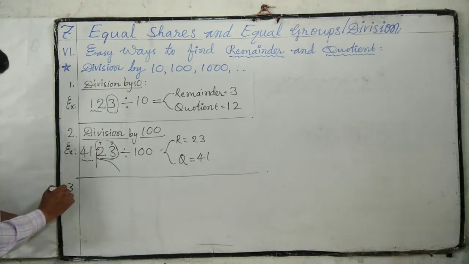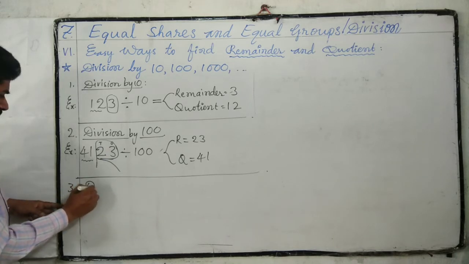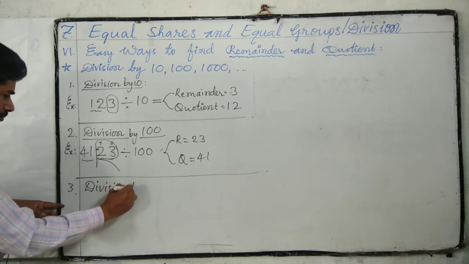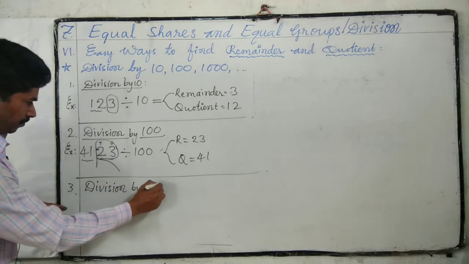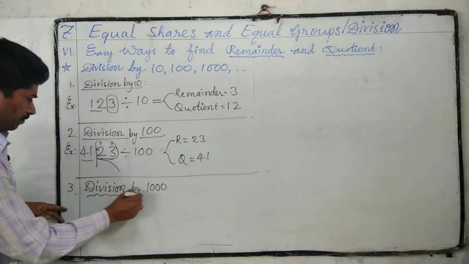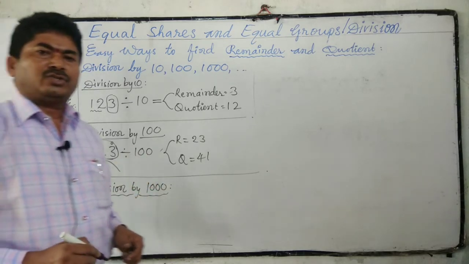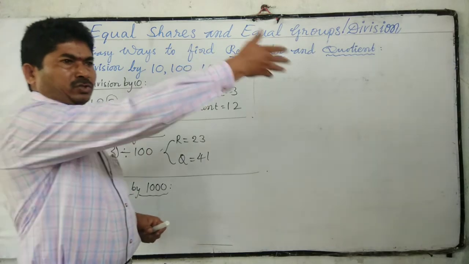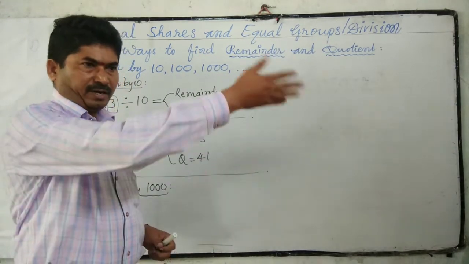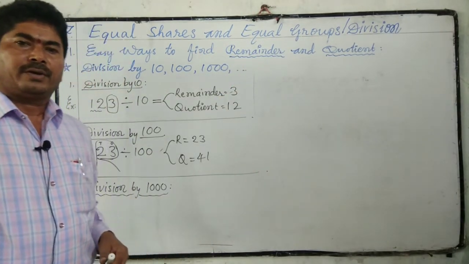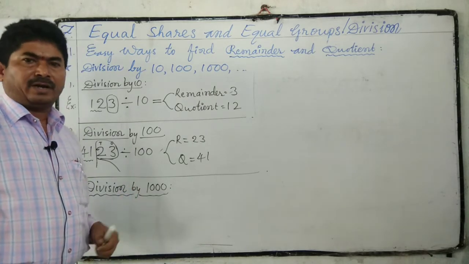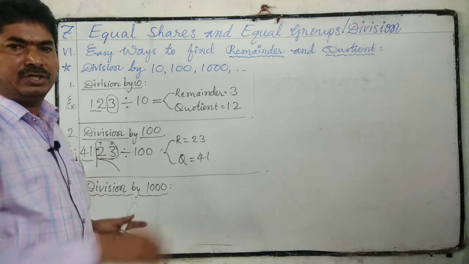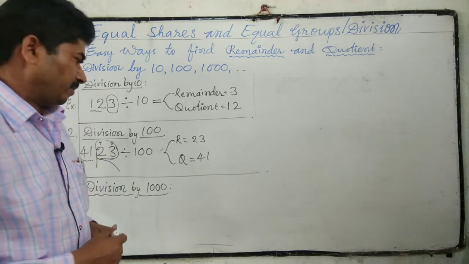Next, division by 1000. When a number is divided by 1000, the last three digits from the right are the remainder, and the number formed by the remaining digits is the quotient.